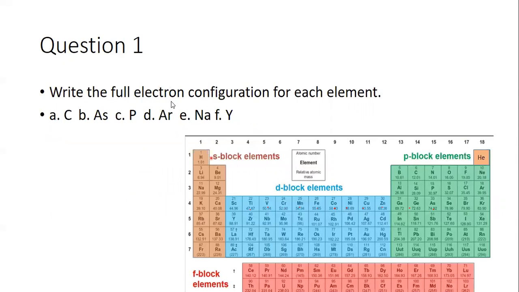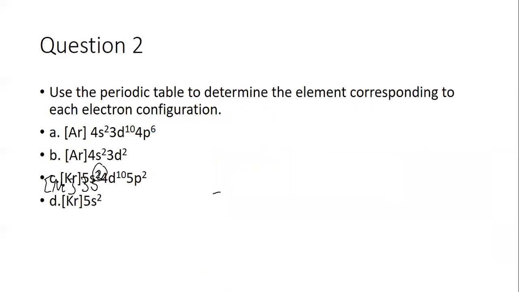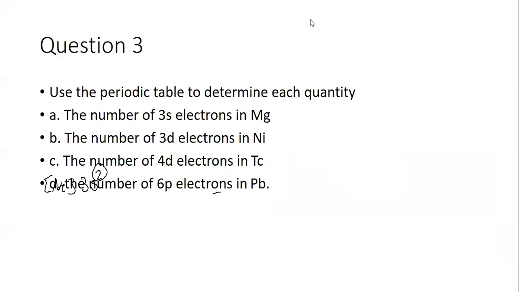Well, if we go to Mg, the electron configuration of Mg is neon 3s2. And remember, this number tells us how many electrons are in that orbital. So magnesium is 3s2. That means it has 2 electrons in the 3s orbital.